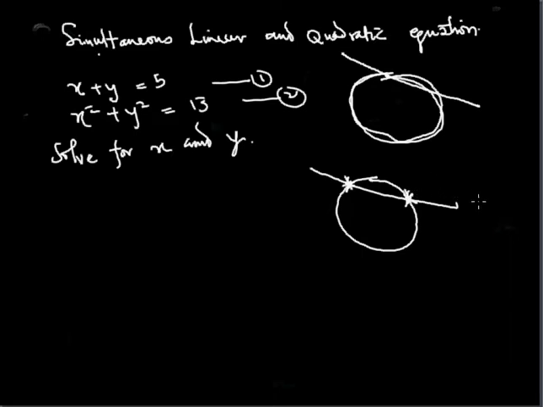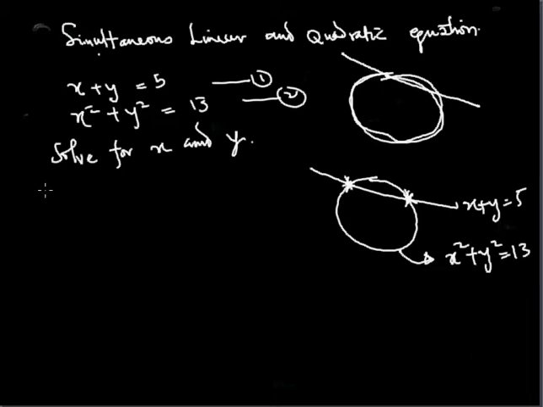The line is the simultaneous linear equation x plus y is equal to 5, while the circle is x raised to the power 2 plus y raised to the power 2 is equal to 13. Now they are telling you to solve for x and y. This is very simple.